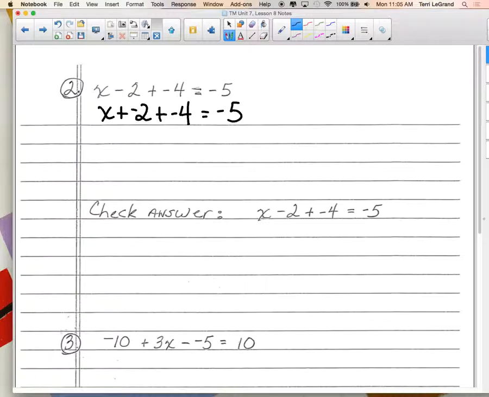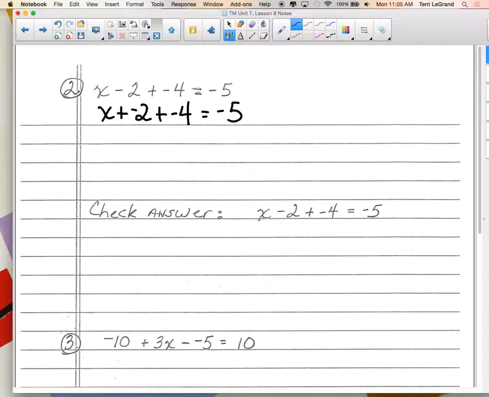So combine like terms. What are the like terms? Does the x have any other x's to be combined with? No. So how can we add x to anything if there are no other x's there to add it to? Any other terms that maybe could be like terms?